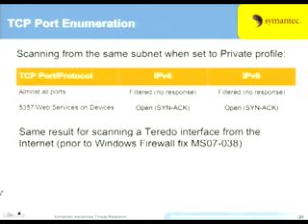We did a TCP port scan as well, and when you do the port scan, you might get different results depending on where the scan is coming from and what the network profile is. Coming from the same subnet with the private profile, we found that almost all ports were filtered. We didn't get any SYNACKs, we didn't get any resets. Although one port, 5357, which corresponds to web services for devices, was available over IPv4 and IPv6.